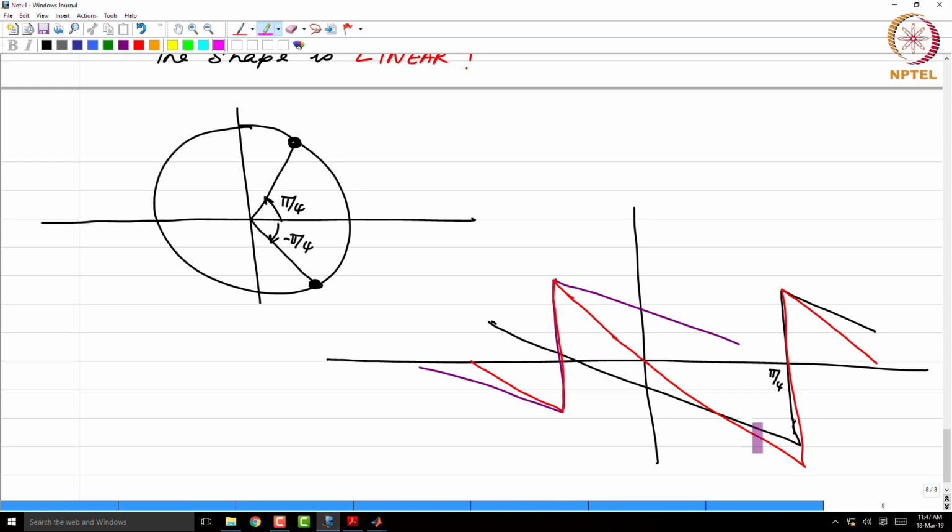Therefore, in this case, the slope of the linear region will be minus 1, because they are the result of adding two curves, each with slope minus half, and the jumps will happen at plus pi by 4 and minus pi by 4. And given the symmetry of the location of the zeros, at omega equal to 0 and at omega equal to pi, overall phase response will be 0. And in between you will have linear response except at the location of the jumps.